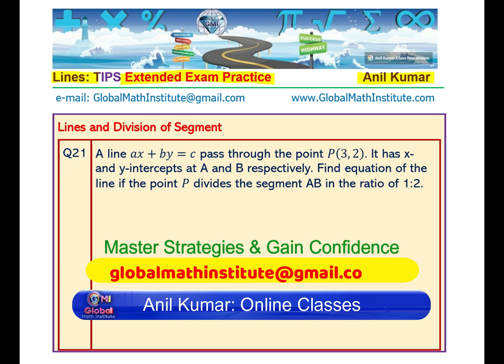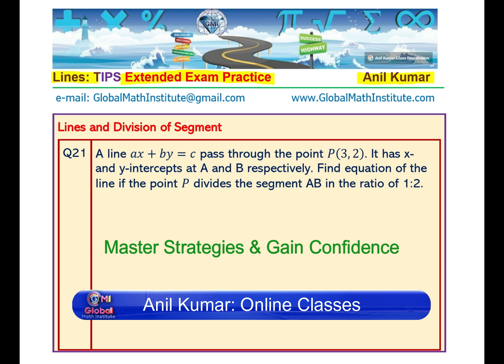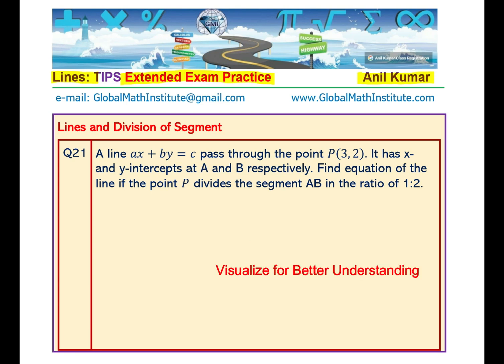You can always pause the video, answer the question, and then look into my suggestions. Now, before we begin, let's try to visualize the situation. Let's say we have a point (3, 2), which is in quadrant 1. So our line could be something like this. The point P (3, 2) divides the segment in the ratio 1 is to 2.